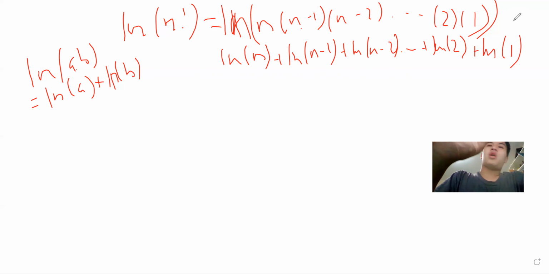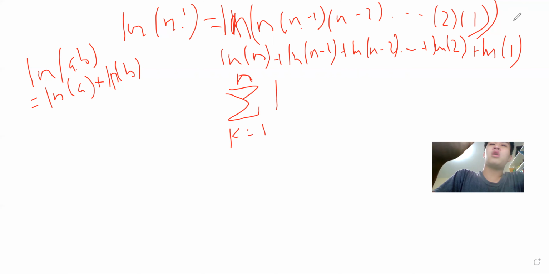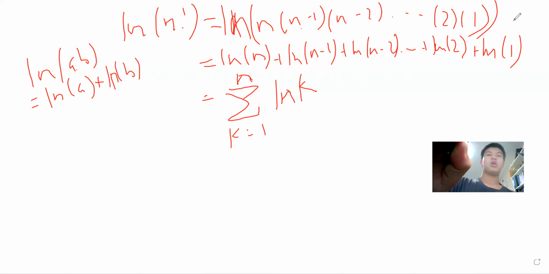Let's rewrite this more compactly as the summation from k equals 1 to n of the natural log of k. So we can rewrite this as a summation, and we can see that the summation can be approximated by an integral.